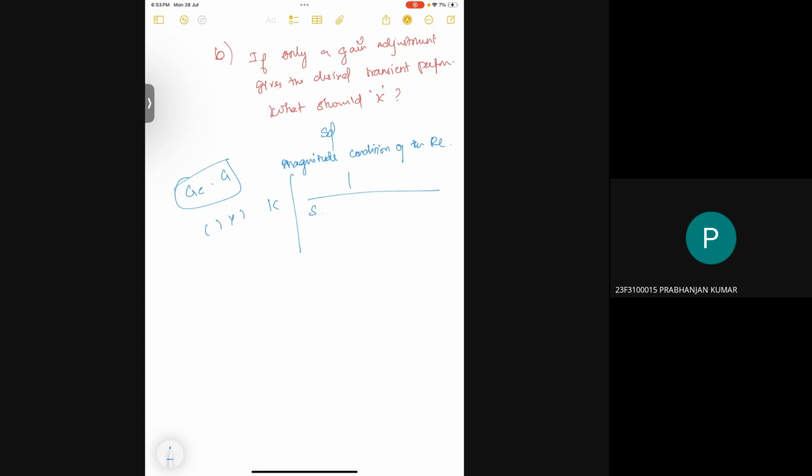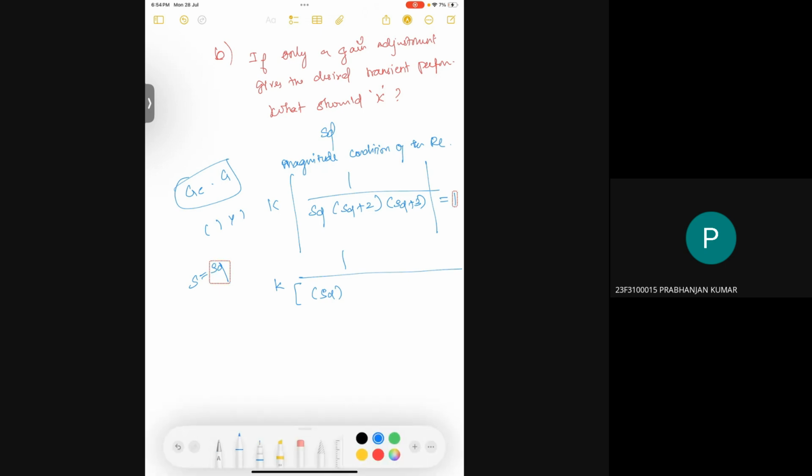Similarly, I'm going to write the dominant pole location, replacing it in the original closed loop system. Wherever there is s, you are going to replace it with s_d. That's it. You know s_d, so just substitute it here. Otherwise, it will be difficult.